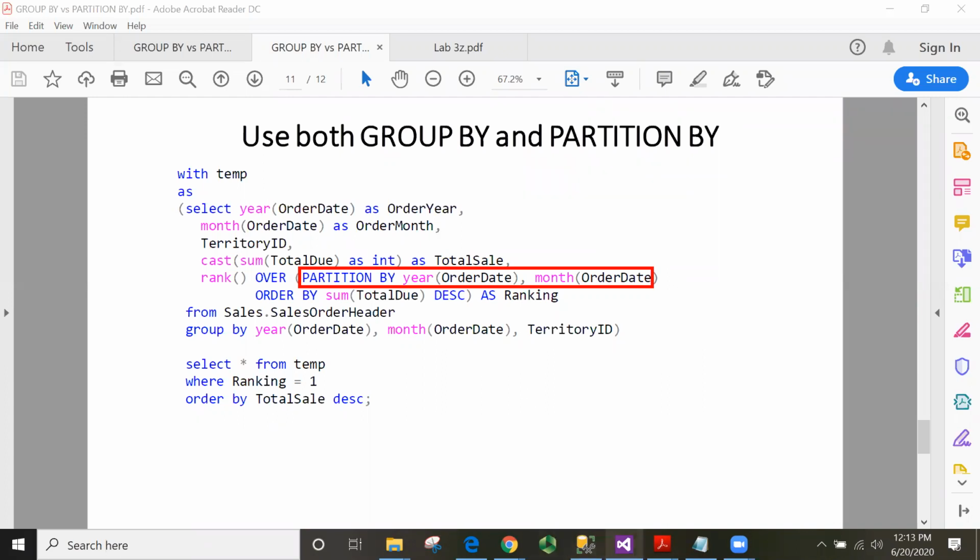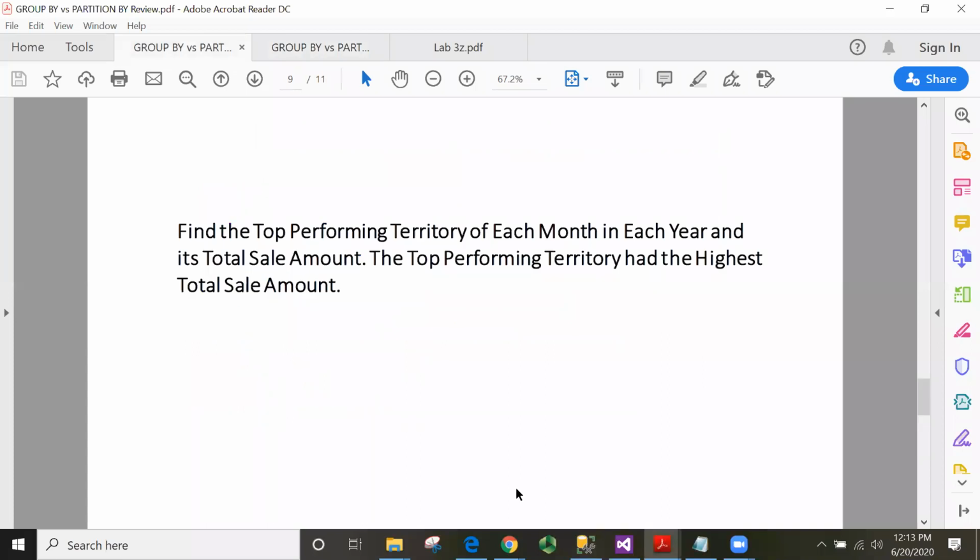And you go back to the question, it's very clear there, right? We just need to pay attention to details. We want to find the top performing territory of each month in each year. It's very clear there. We just didn't pay much attention to that.